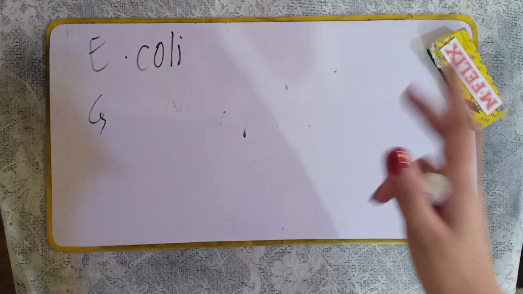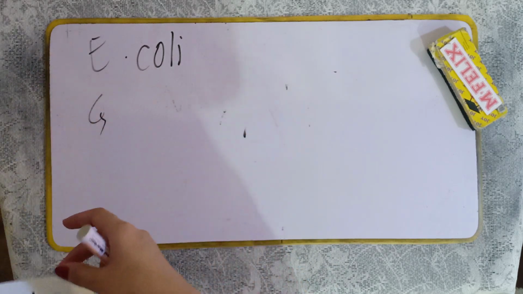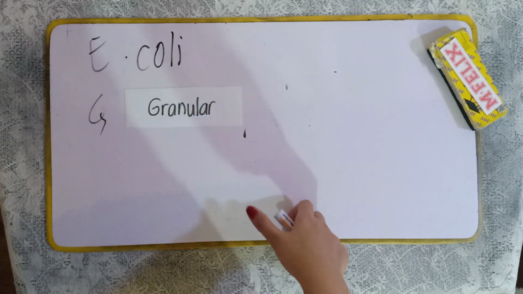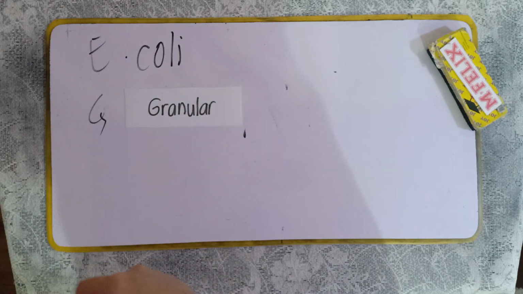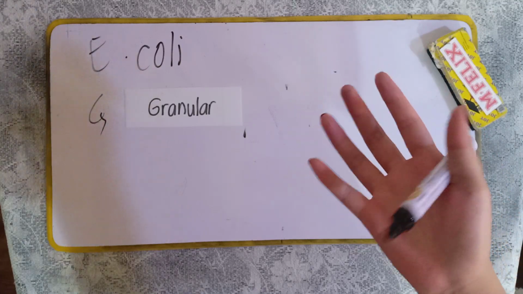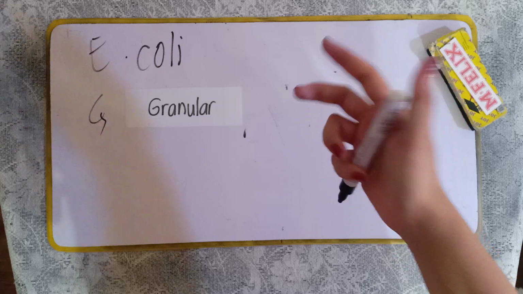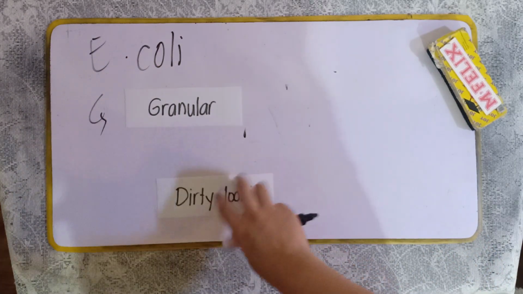Okay, the trophozoite of Entamoeba coli, especially the endoplasm, is more granular or more vacuolated. And when it comes to the inclusion, yung mga bacteria, RBCs, ganyan, although they do not ingest RBCs, it is sometimes regarded as dirty-looking.